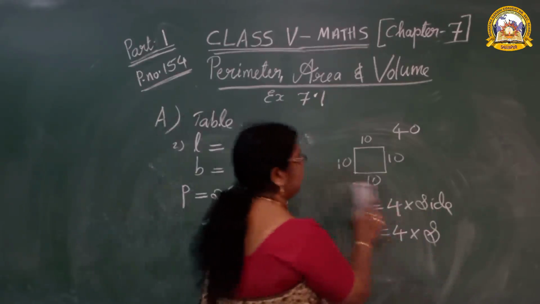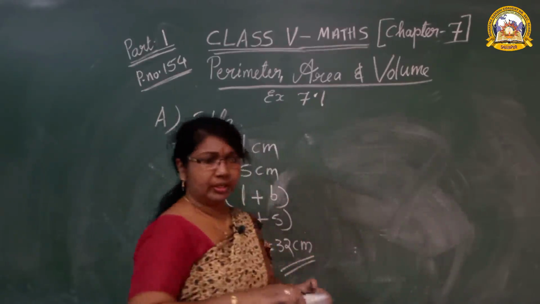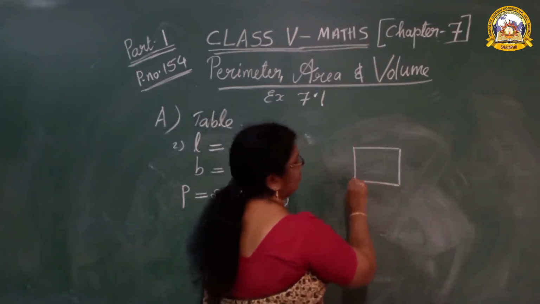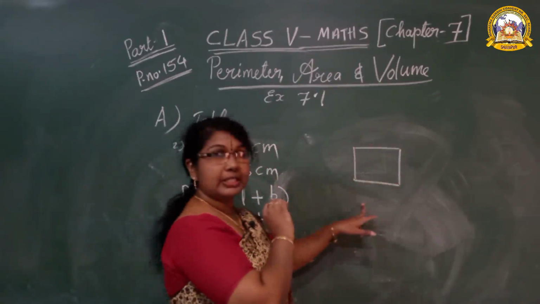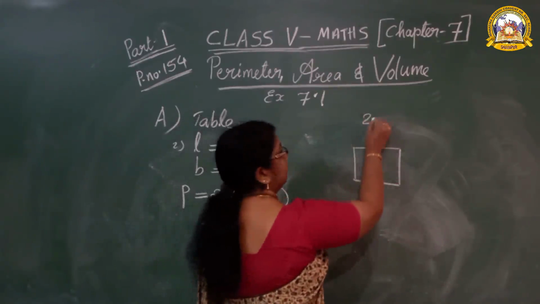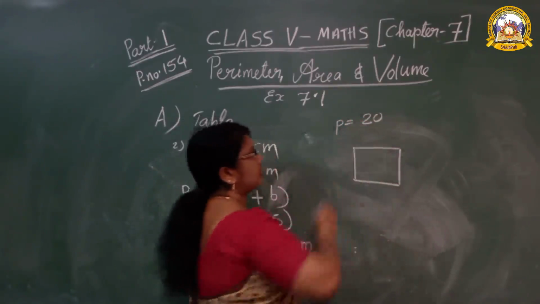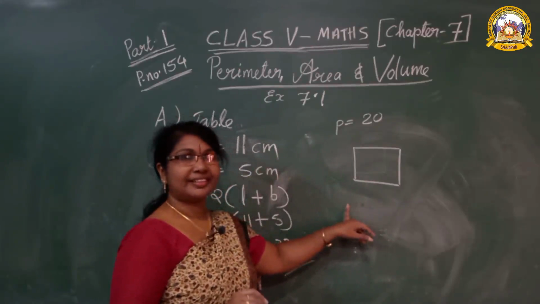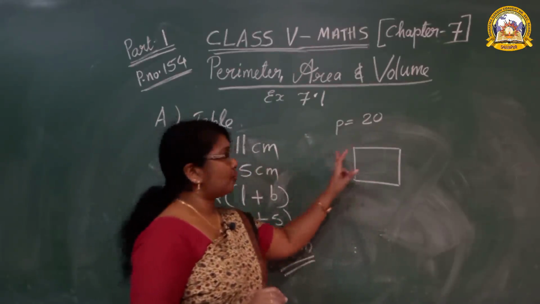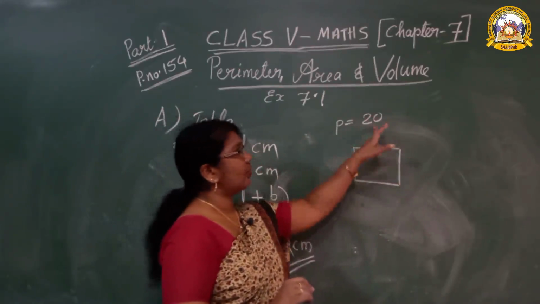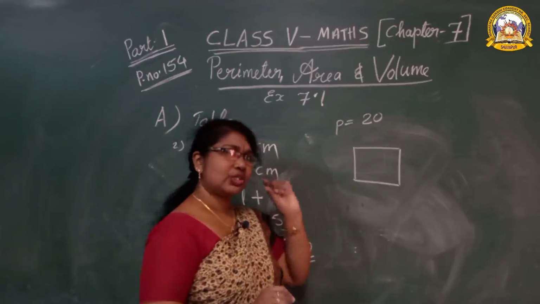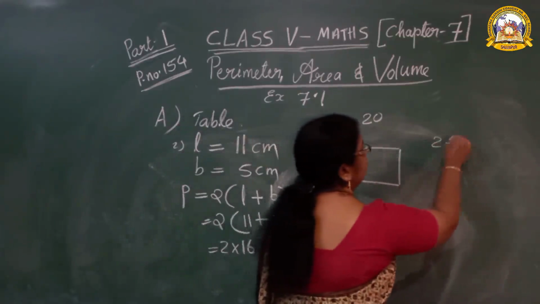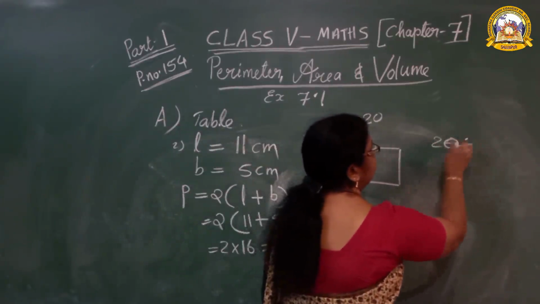Now, in a square, look here, this is a square. Its perimeter is given as 20. What is its perimeter, students? 20. Can you say what is the measure of one side? These 4 sides added together, we got the answer 20. Can you say what is the measure of one side? 20 divided by 4.